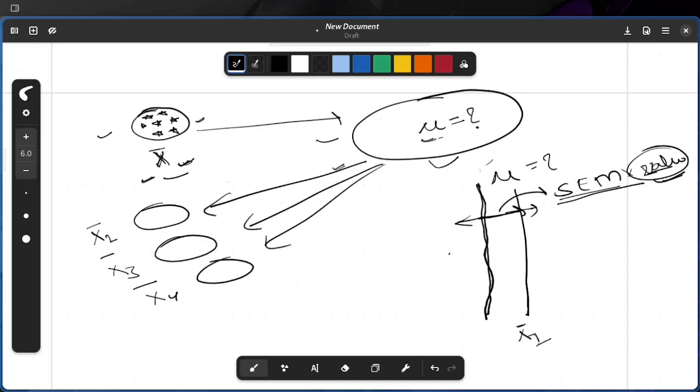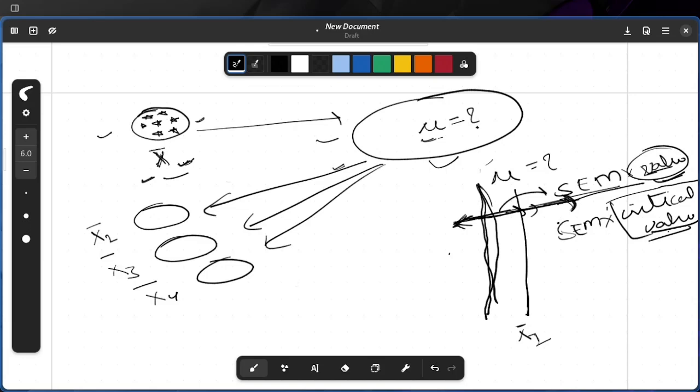How far we need to go in both directions in order to capture the population mean. This is what the critical value is doing. The critical value is simply scaling the SEM in both directions, so that we can capture the population parameter with the degree of confidence we have.